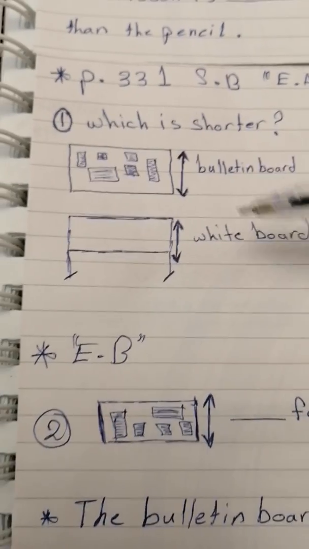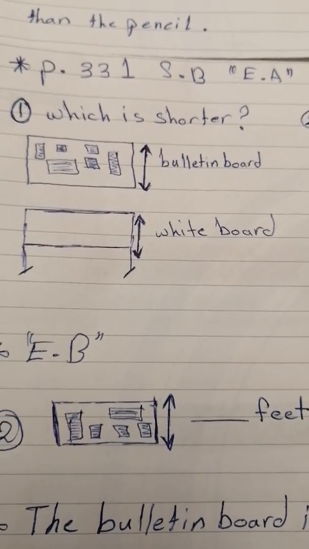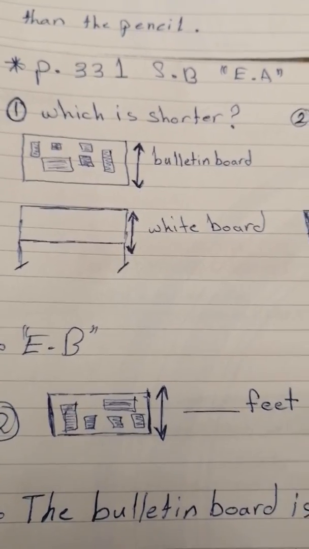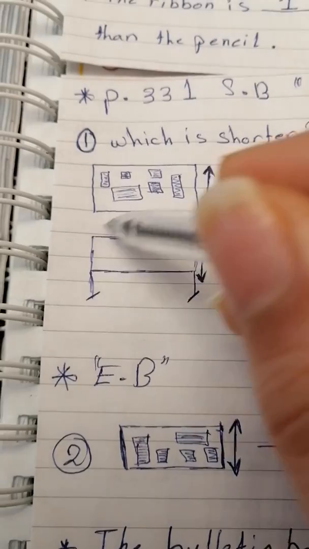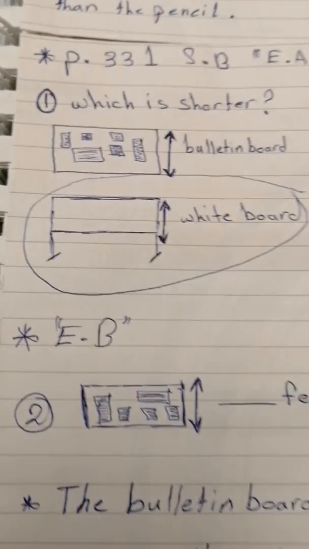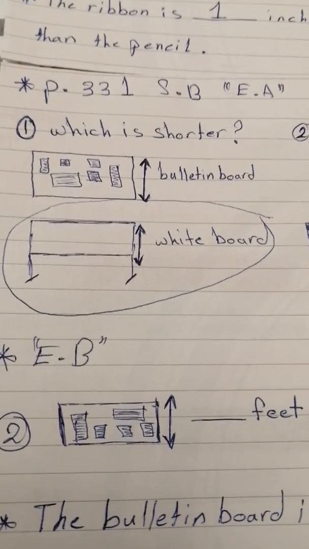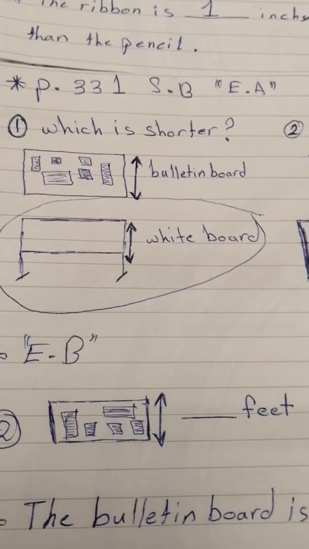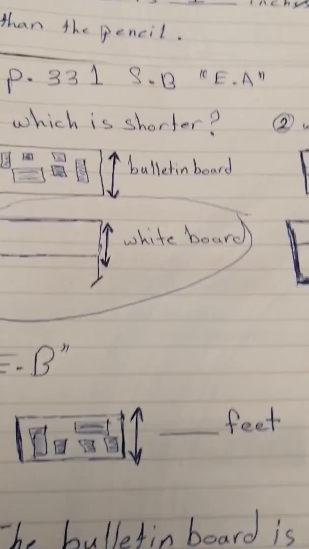Now, you will decide that the whiteboard is the shorter one after you measure it by using the correct tools. So the whiteboard is the shorter object, okay? The shorter object with its length.